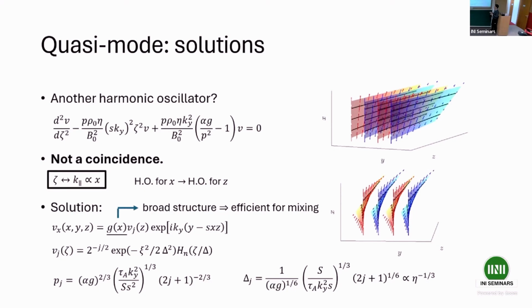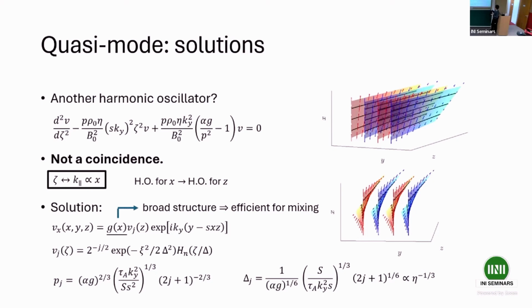So if you have a harmonic oscillator with respect to x, then naturally you will have another harmonic oscillator with respect to zeta. This is why we get another harmonic oscillator. And here we have the solution to this equation, which is analytically doable.